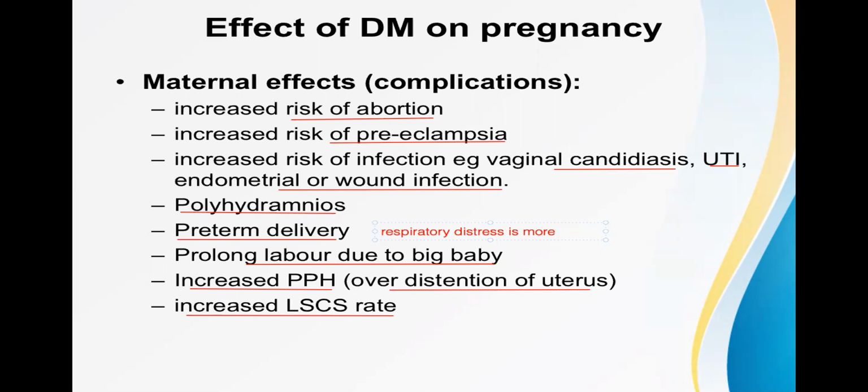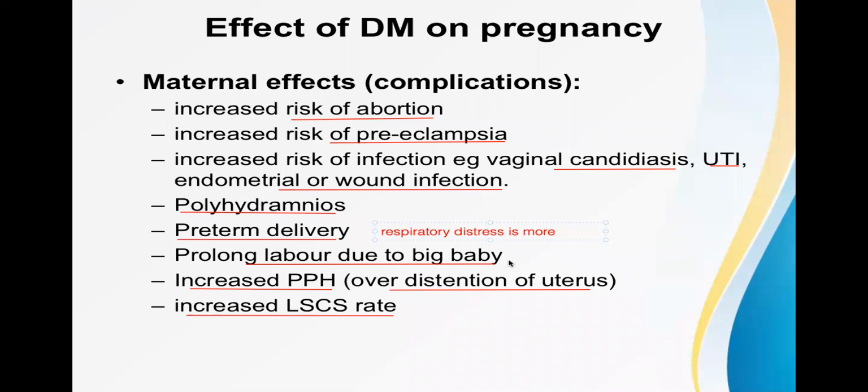One more sentence I'd like to add here: even after 34 weeks, 34, 35 weeks, or lesser than 36, the chance of respiratory distress is still there because in the presence of excessive blood sugar level, the surfactant may not function properly. So these are the explanations given in some of the textbooks.